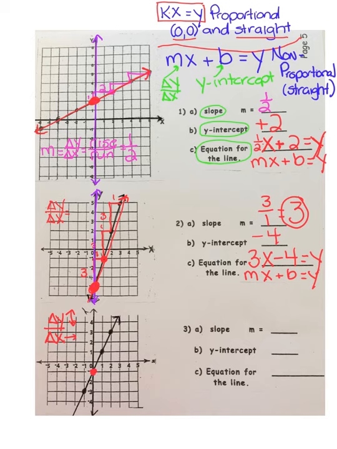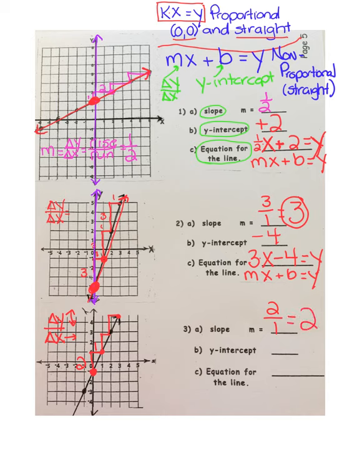So place your pencil point on -1 right on the y-axis. Go up 2 over 1. Do it again. We rise and run at a consistent rate. It is 2 over 1, which of course is 2.